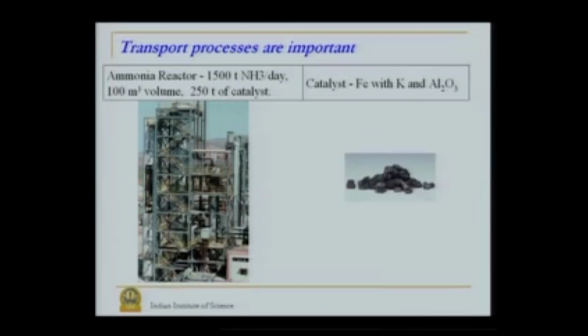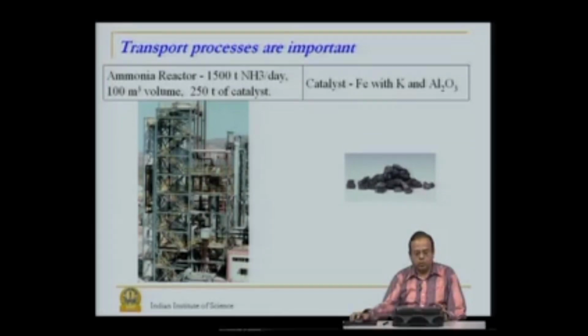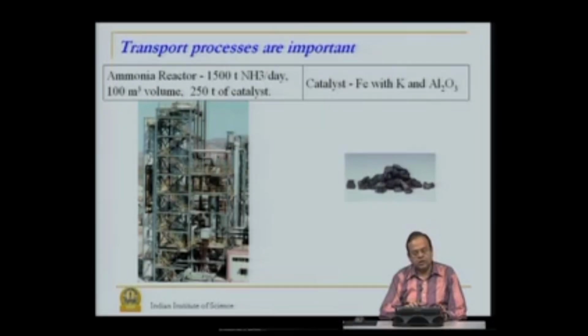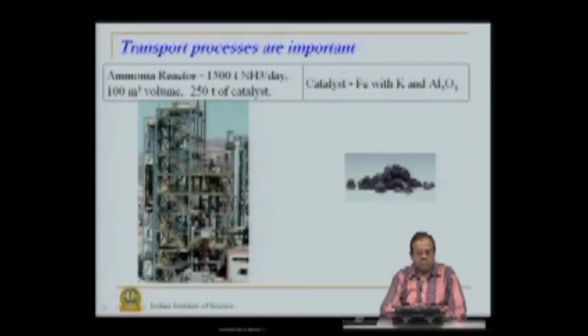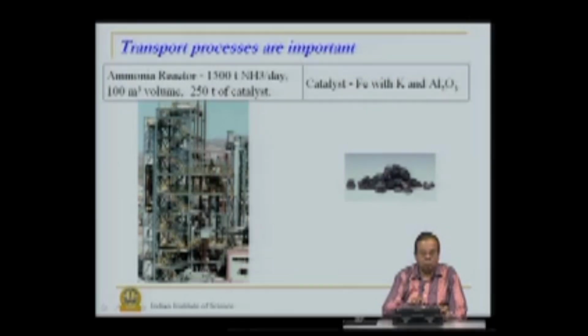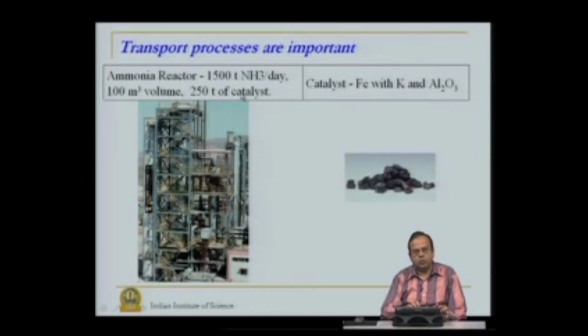Here is an illustration of what I mean by transport phenomena being important from a different aspect. What you see on the left hand side is once again the ammonia synthesis reactor, which is roughly 100 meter cube in volume, contains about 250 tons of catalyst in this whole reactor, and it produces about 1500 tons of ammonia per day.